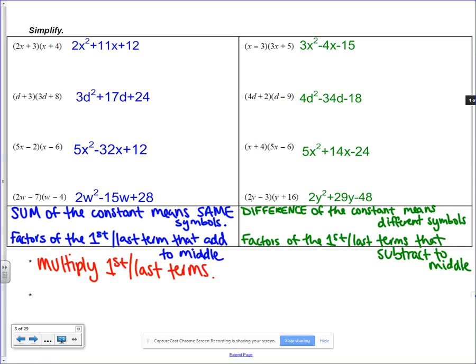Once you do that, you will then create a 4-term problem to group. And you're probably like, okay, what does that mean? I'll show you. Okay. But that's what we're going to do here.